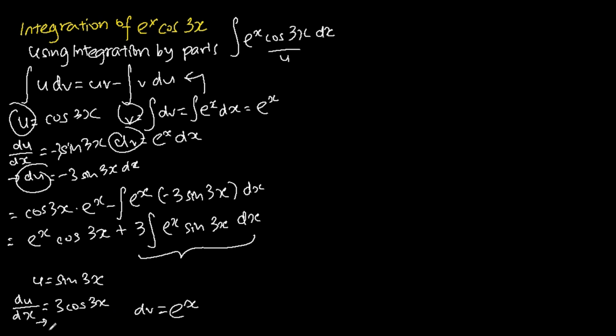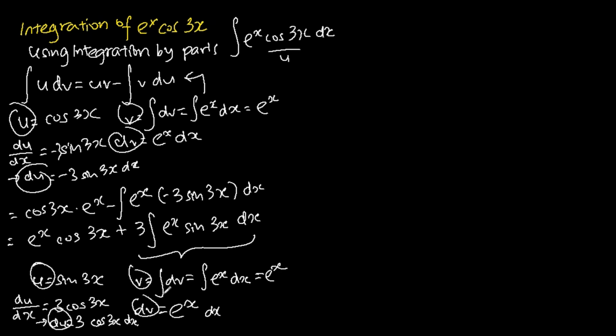Multiplying both sides by dx, we get du equals 3 cosine 3x dx. To find v, this is the integral of dv, which is the integral of e to the power x dx, and this equals e to the power x. Once we find u, du, v and dv, we can use the integration by parts formula to move on to the next step.